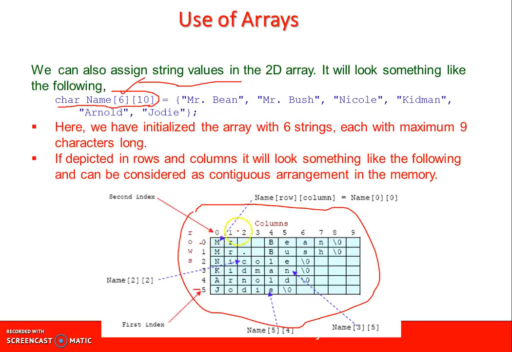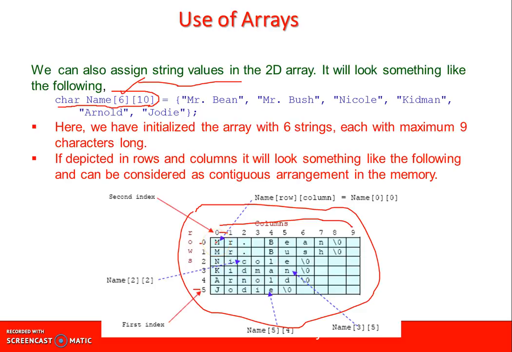And on the other side, this is the second index to specify the columns. That means a maximum of 10 characters can be stored in this array. And you will observe here that the last character will be the null character if you want to store a string value.